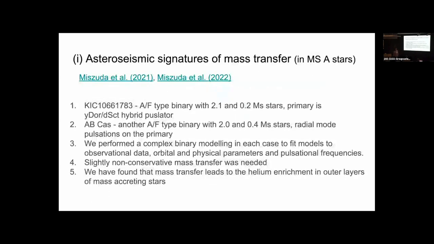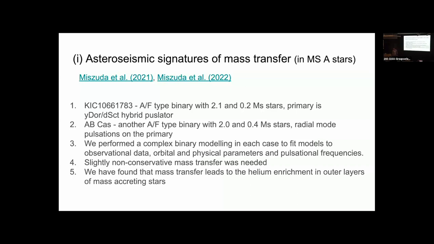As a first, I would like to talk very briefly about one of my findings with my supervisor during my PhD. We've studied two post-mass transfer binary systems. So KIC, this ridiculously long number, and ABCAS.